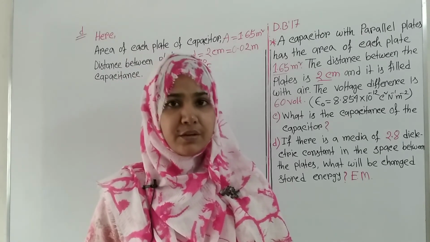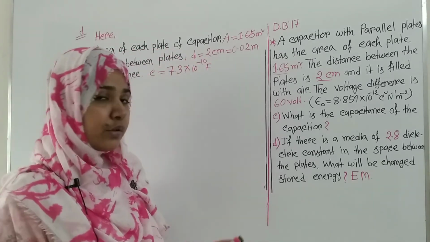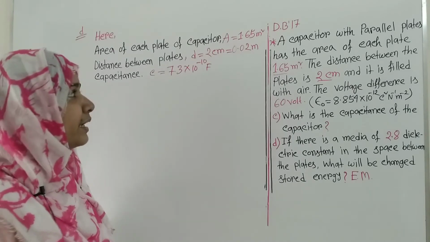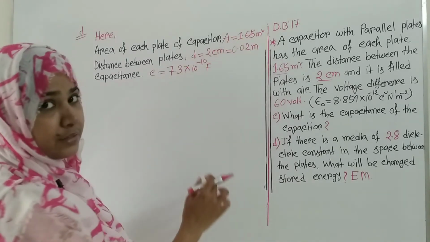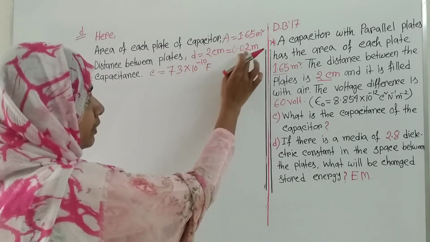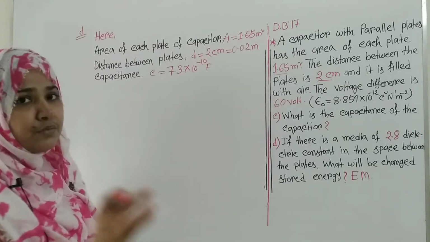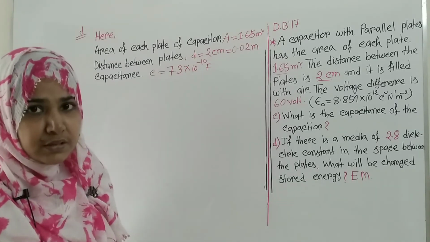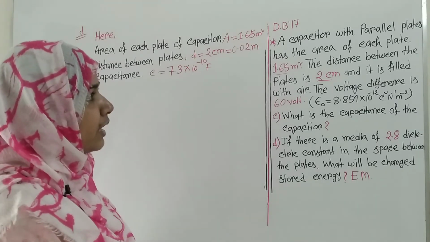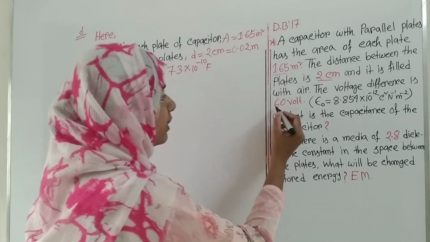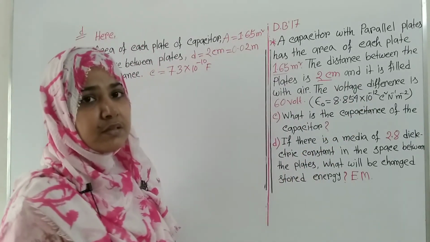So the given information for question D: the area is 1.65, the distance between the two plates is 0.02 meter, and the capacitance we got from question C is 7.3 into 10 inverse 10 farad. And another information is the voltage difference is 60 volt.